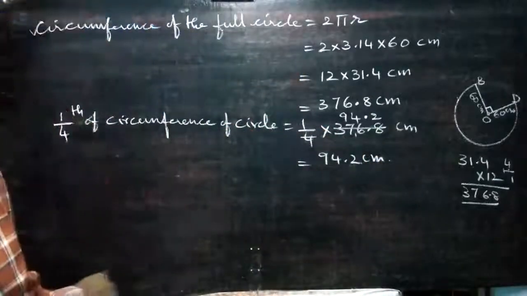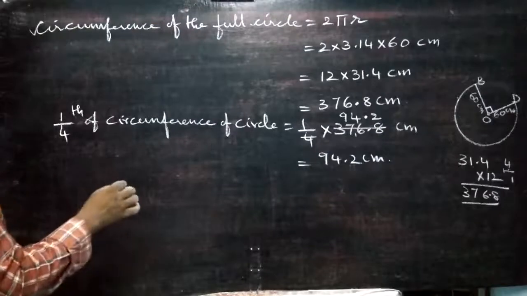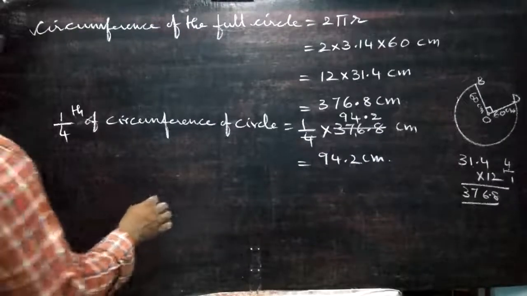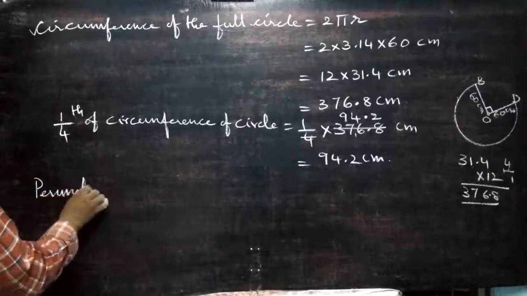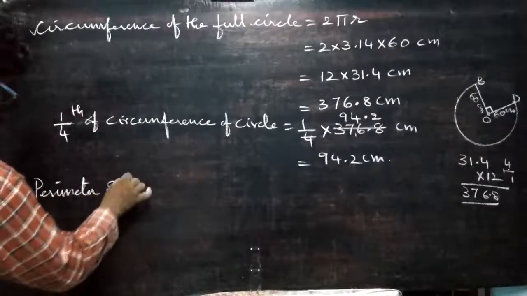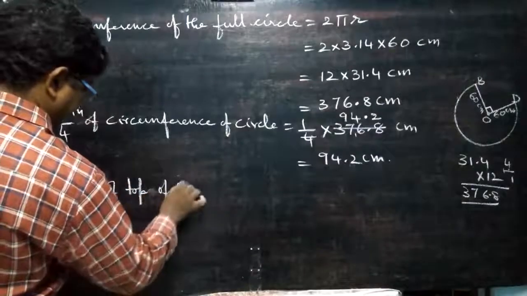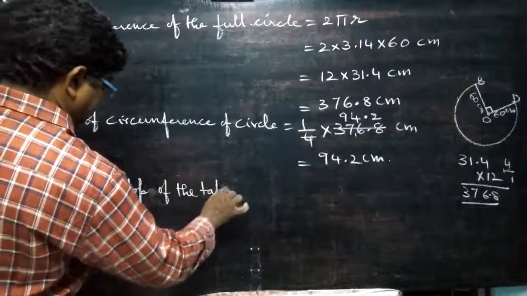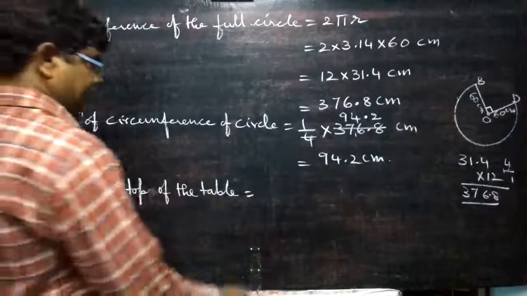So subtract from the circumference. Now we will find it. They told us to find the perimeter of the top of the table. Are you able to follow? Okay, listen carefully.